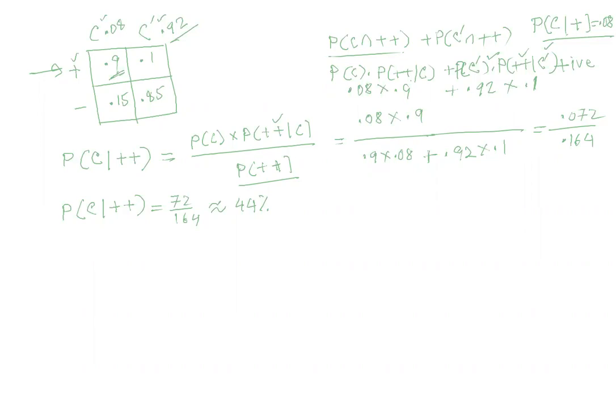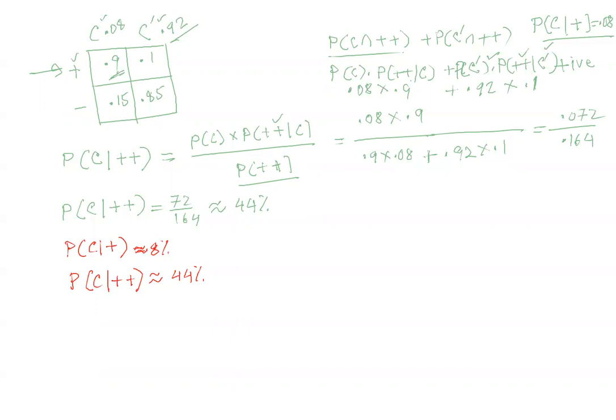So last time, I'm going to put it here for your reference. The first time, the probability of having cancer, if the person tested positive once, was about 8%. So probability of having cancer, given that the person tested positive twice, is approximately 44%.